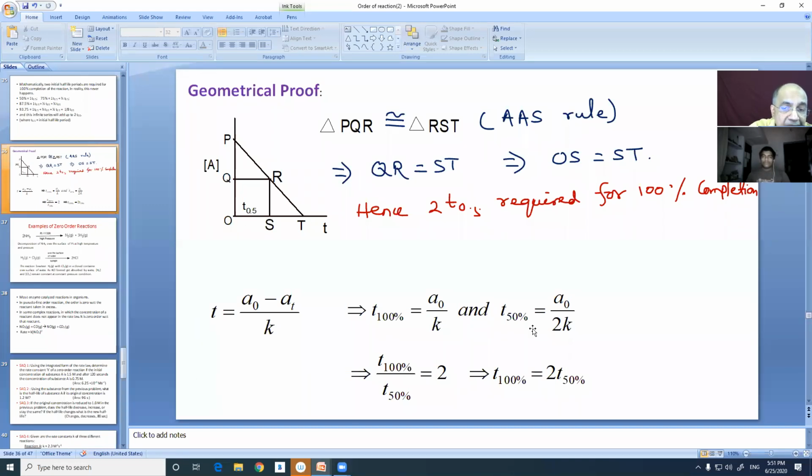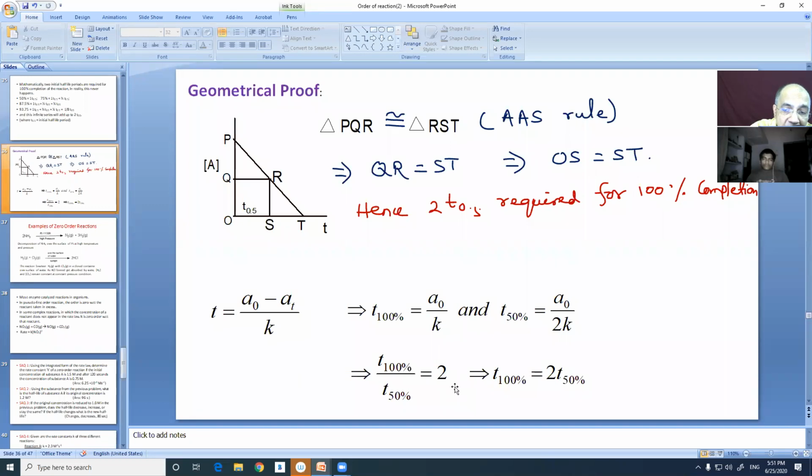You can also prove it from the equation. If you take t100%, then At will be equal to 0. There will be no reactant left out. So t100% will be equal to A0 by k. And t50%, you already know, half-life period is A0 by 2k. If you take the ratio t100% by t50%, all will be cancelled, it will be 2 only.